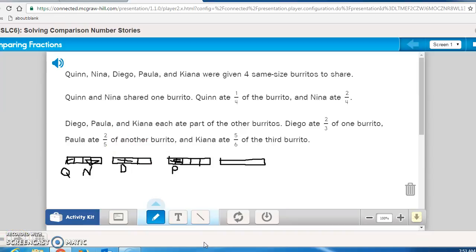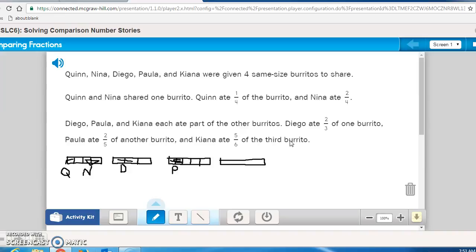This is an assessment check-in, so I want you to finish this problem on your own and then bring it back to me and show me how you figured out how much Kiana ate when it says she ate 5/6 of that 3rd burrito. The question on page 83 of your math journal says, so who ate more, Diego or Paula?